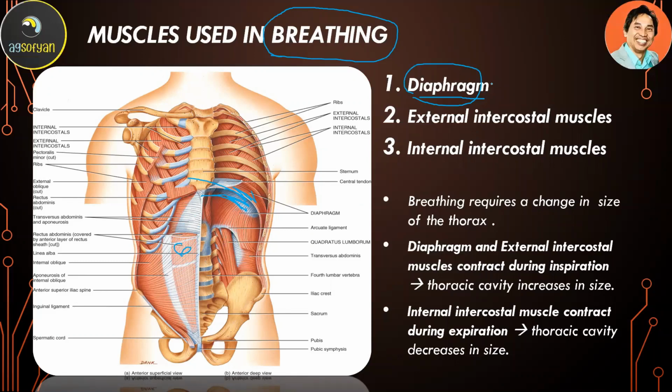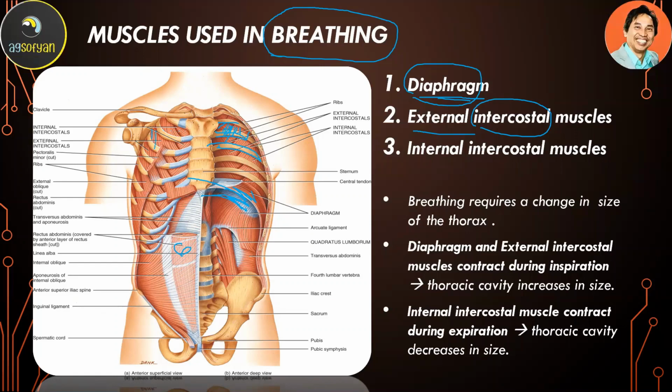If this muscle doesn't work, usually you will die because you cannot breathe. If there are toxins that paralyze this muscle, people will die because of difficulty breathing. The second one is called the external intercostal muscle. This is what we call the costae, ribs. Between the ribs, there is actually muscle, two layers of muscle.